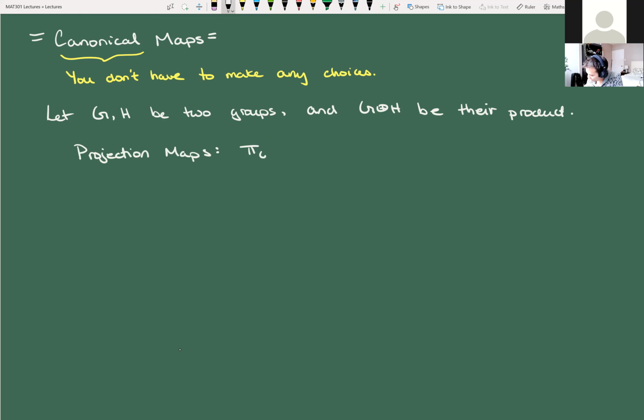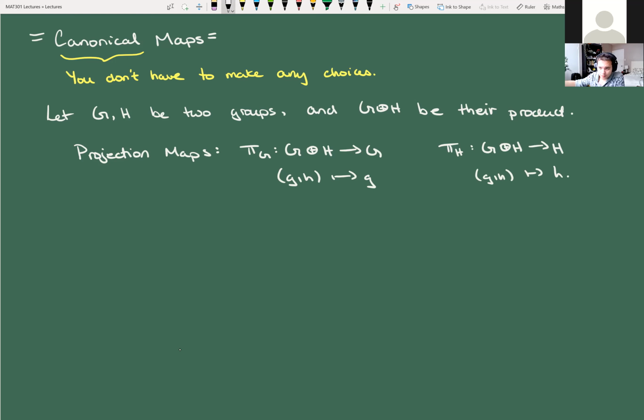We often call this pi G, which maps G plus H onto G, taking (g, h) onto g. Same thing, there's pi H, which takes G plus H onto H, (g, h) onto h. Does that make sense? You notice how I didn't make a choice there. I didn't have to decide what these maps would do. They're just canonical, they just exist. They're intrinsic to the definition of the direct product.